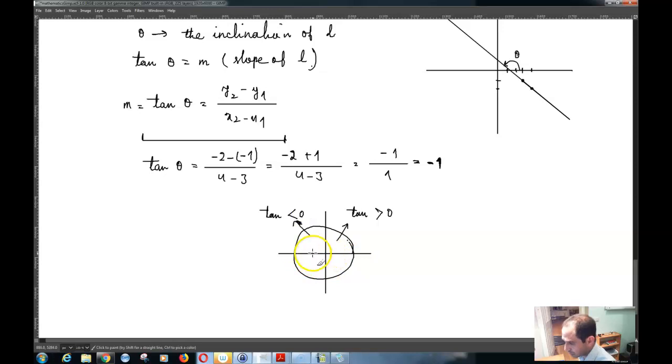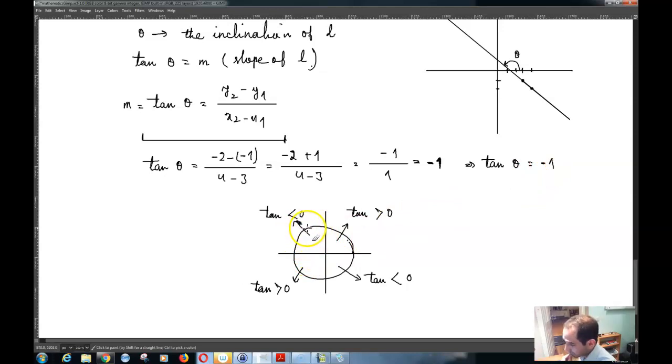In the third quadrant cos is negative and sine is negative, so again tan becomes positive. In the fourth quadrant your cos is positive, your sine is negative, so your tan is negative. Since we are working with angles between 0 and 180 degrees, with tan of theta equal to -1, your angle is in the second quadrant.